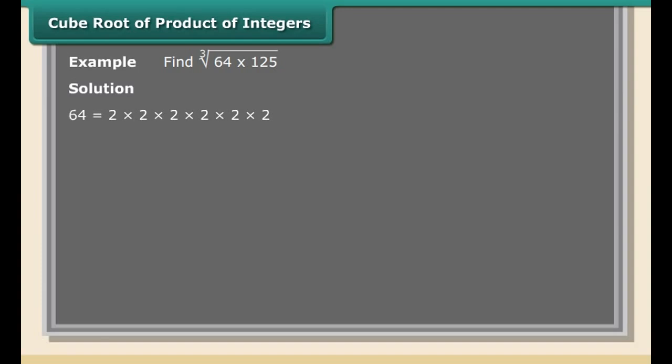Cube root of product of integers. Example, find cube root of 64 into 125. Solution. 64 is equal to 2 into 2 into 2 into 2 into 2 into 2. 125 is equal to 5 into 5 into 5.